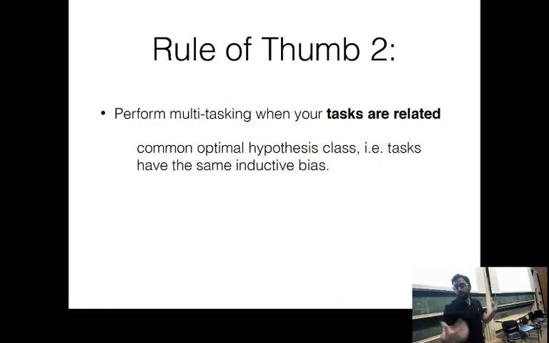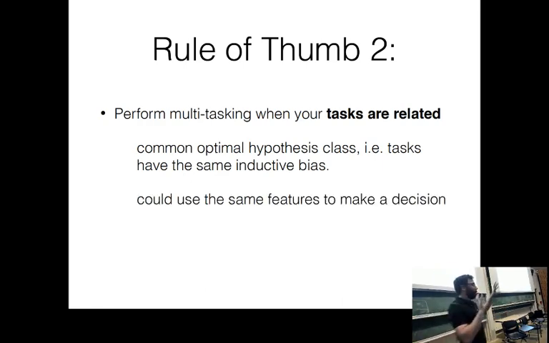In general, what you want is for the two tasks to help each other generalize better, right? So you want the two tasks to use at least a subset of the same features to make their decisions.